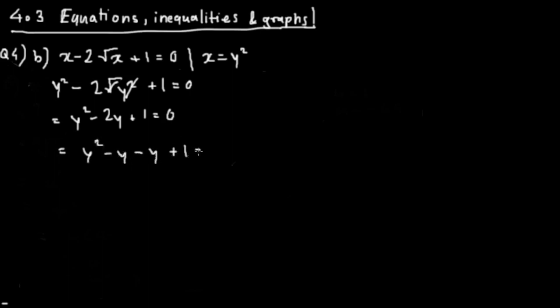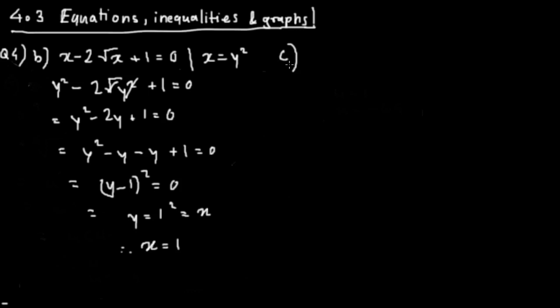And then from here on you can conclude that y minus 1 squared is equal to 0. I'm skipping a few steps, but you should still understand this. So y is equal to 1. So plug this back in. You should be getting the right answer. So 1 squared is equal to x. Therefore, x is equal to 1. You can verify this answer yourself.